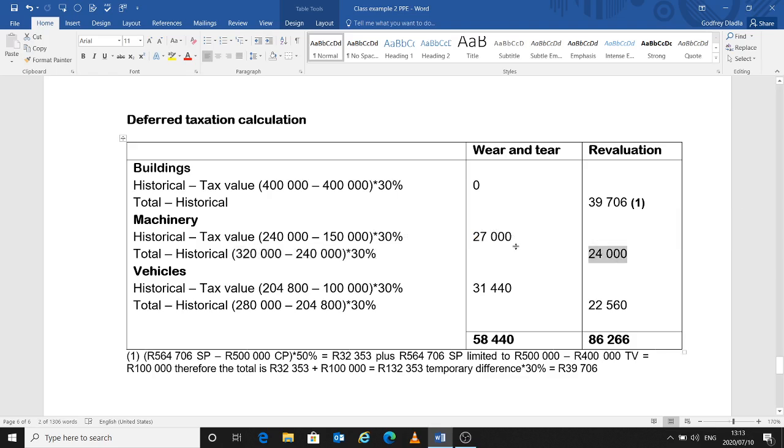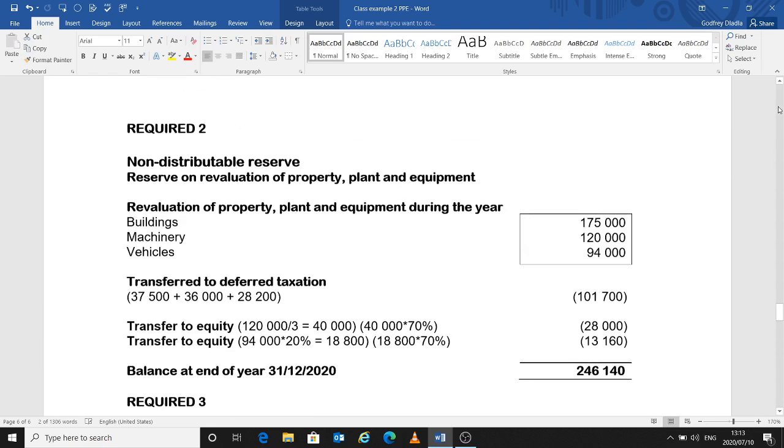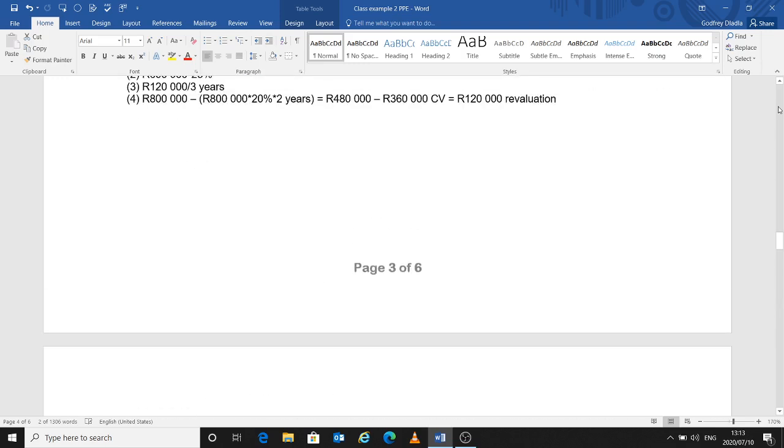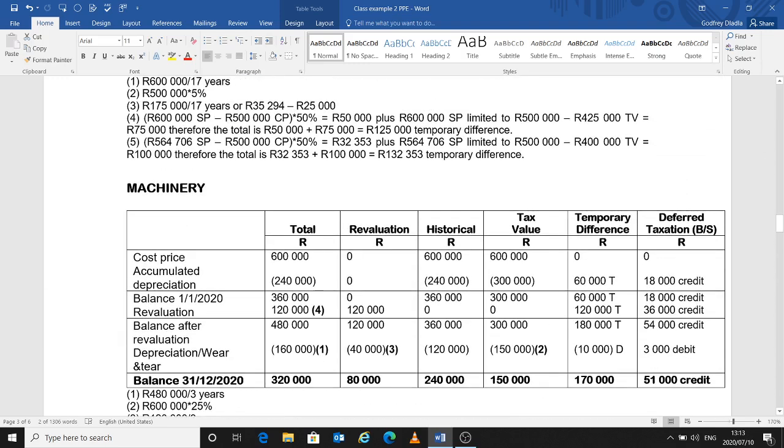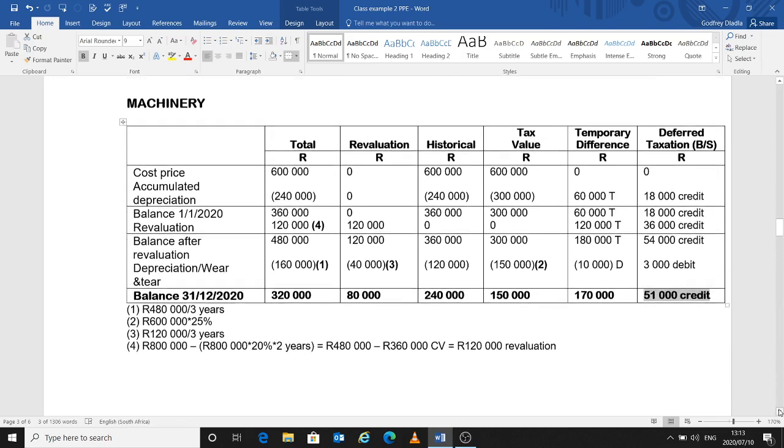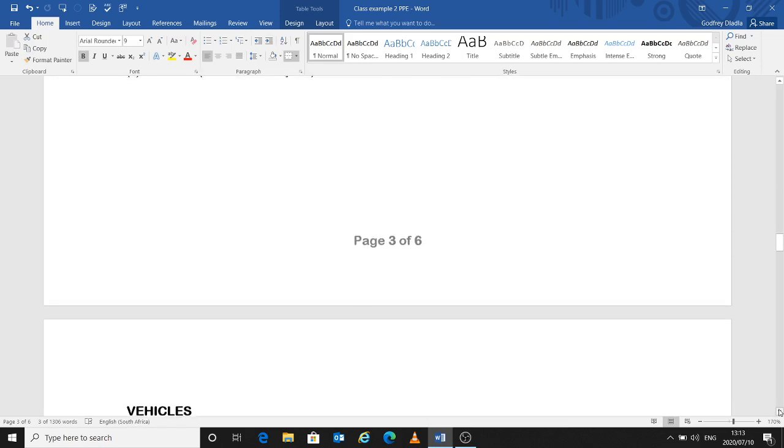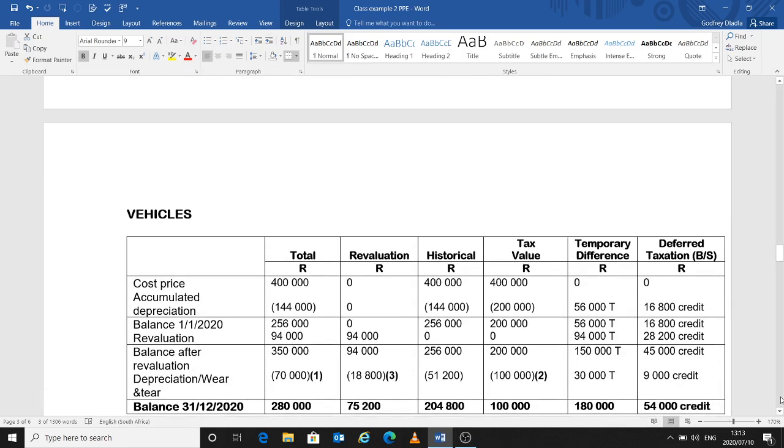If I add the 24 and the 27, they give me 51 under machinery, which is this one here.